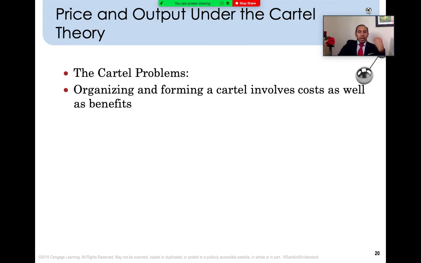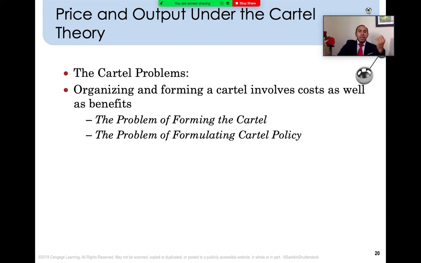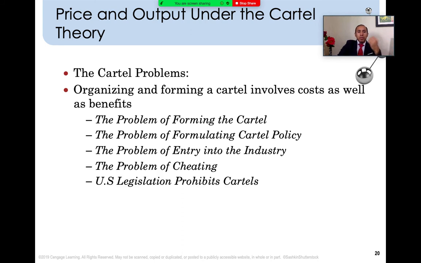It involves getting everyone to agree, everyone to be working together. It involves everyone to be on the same type of mentality and in the same type of cost and benefit analysis. So you have to form the cartel and get everyone to agree to form the cartel. You have to create a policy that everyone can abide to, and often that's difficult because not everybody wants to abide by the same rules.